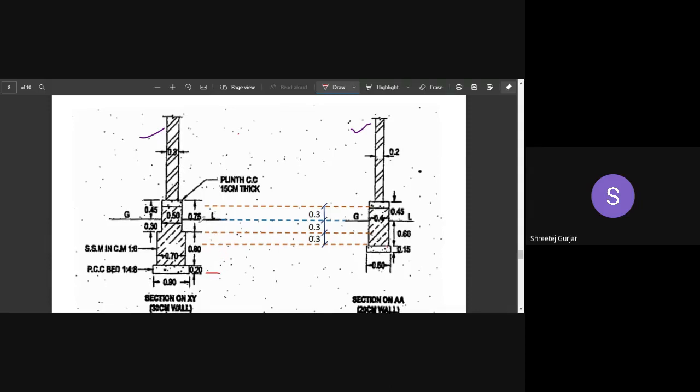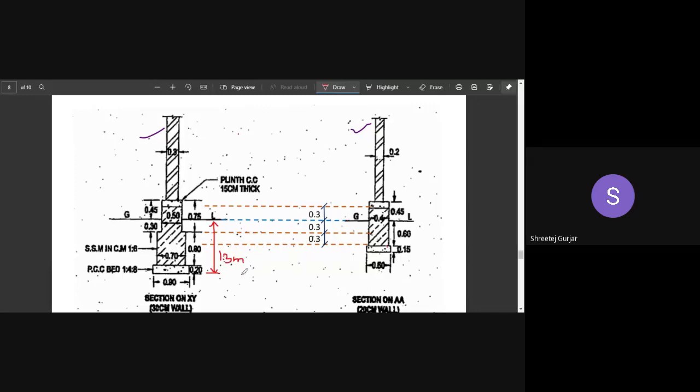It will be 0.3, plus this 0.8, the first step of your foundation, plus 0.2. So the total depth of excavation from your ground level to your foundation level is 1.3 meters.